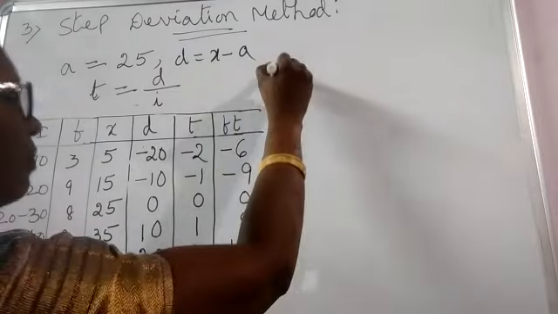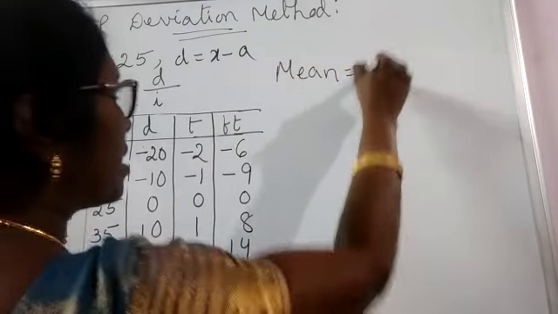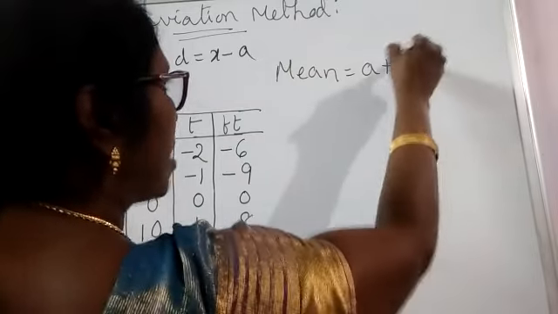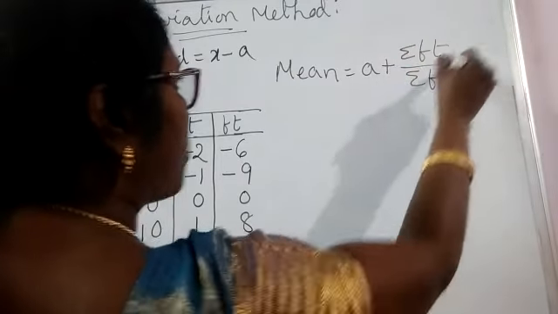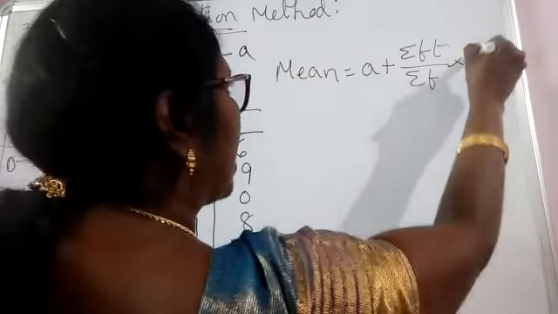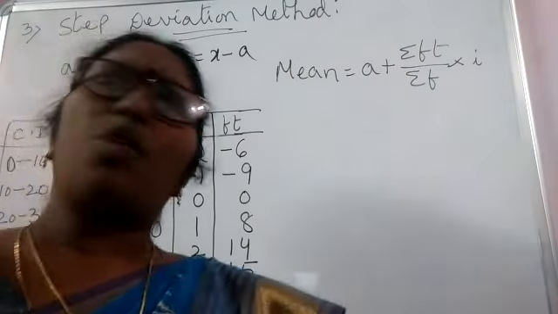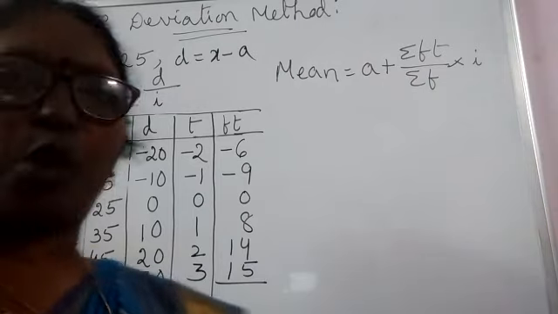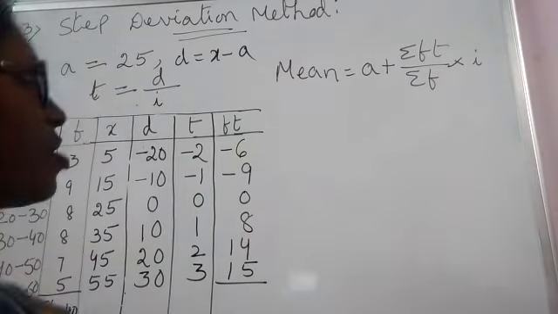And here the formula for finding mean is a plus summation of ft by summation of f into i, the class size. Now you see, don't think that it is a complicated formula, meaningfully try to understand.